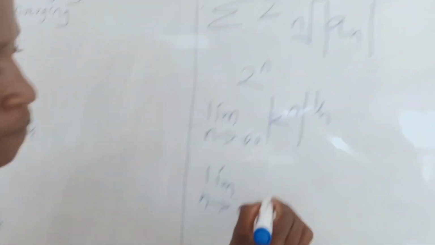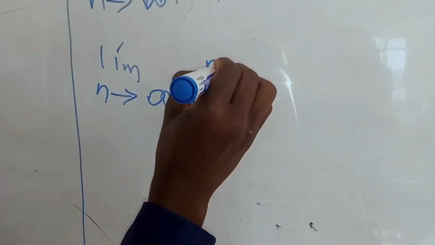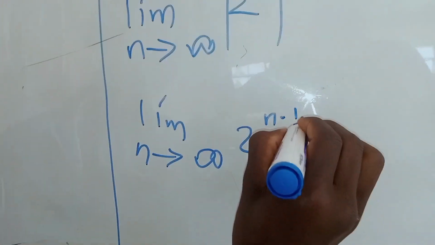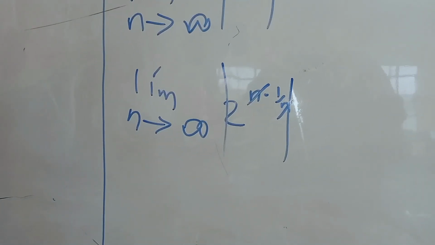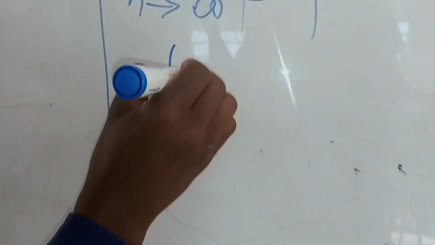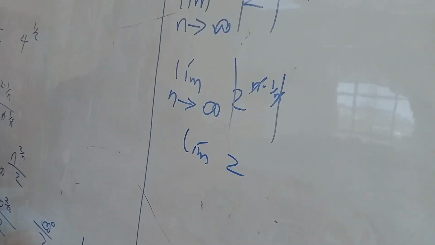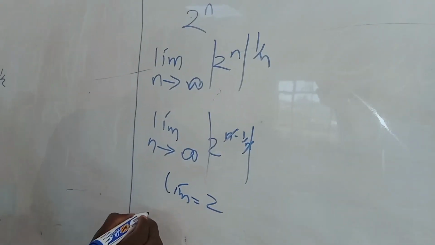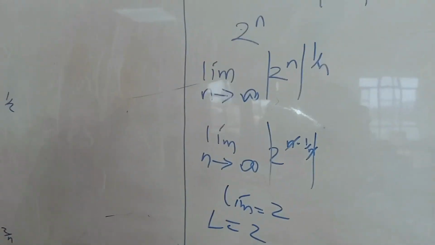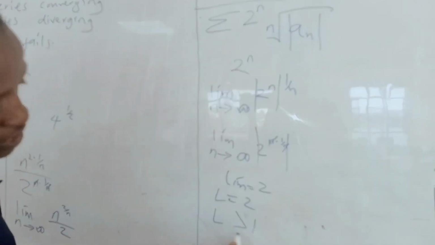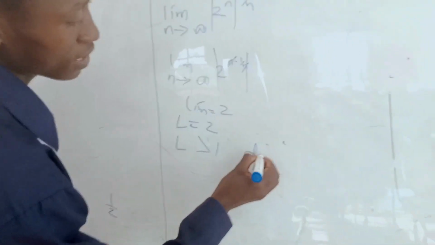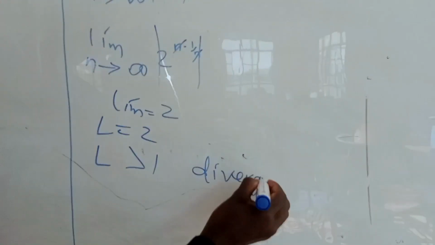So the limit as n approaches infinity would be 2 power n, raised to 1 over n, and the n cancels and you are remaining with the 2. So our limit for this case is 2, and if the limit is greater than 1, we said that the series is diverging.